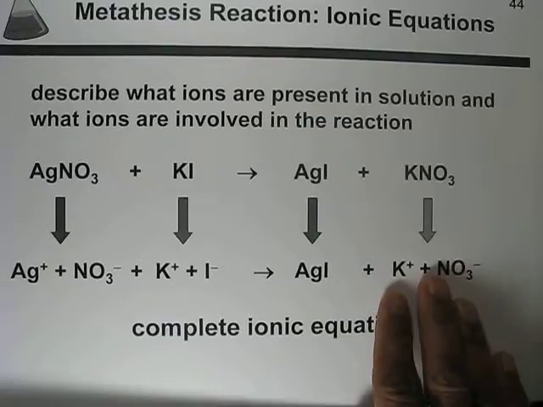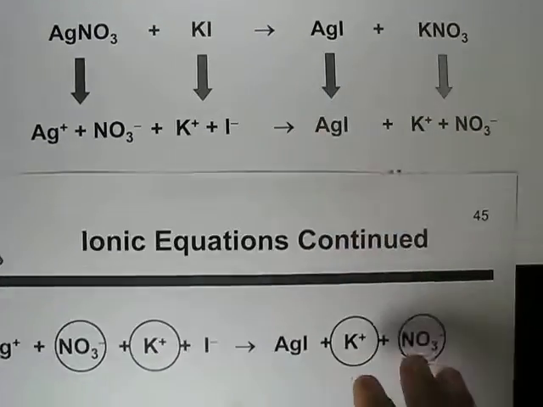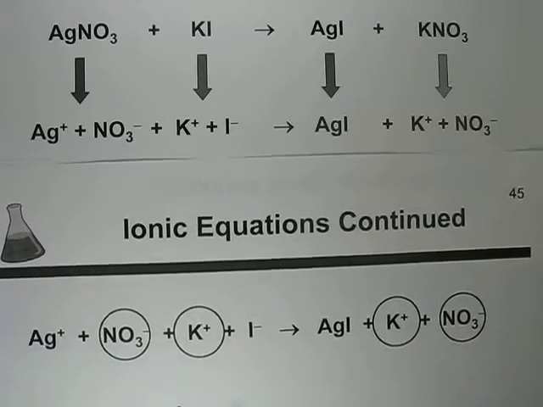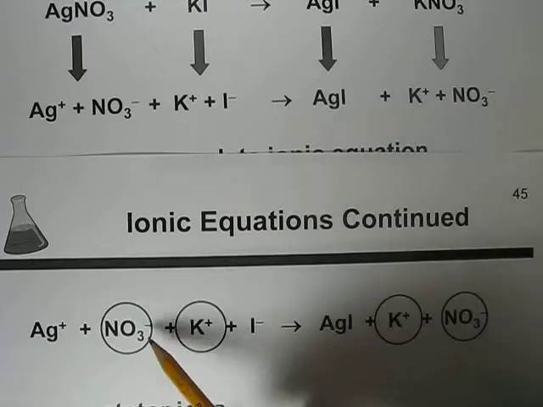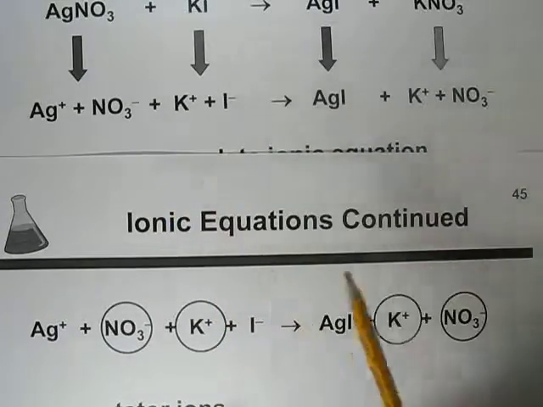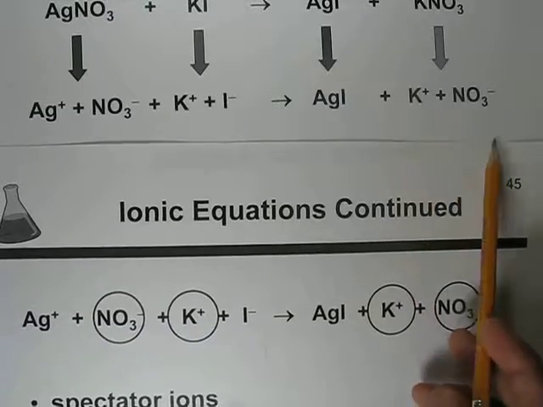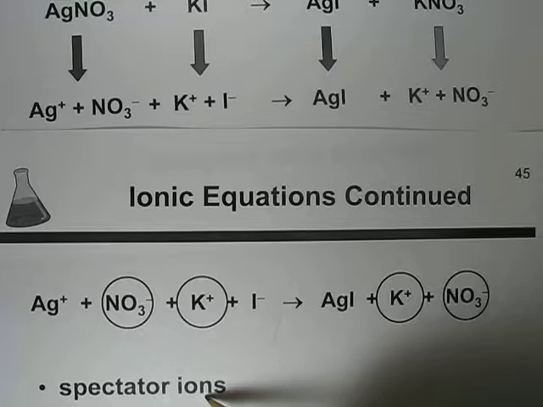If you look at the complete ionic equation, what happens here? Basically, you can see the two ions, nitrate ion and potassium ion, are on the reactant side as well as on the product side. These two ions are called spectator ions.